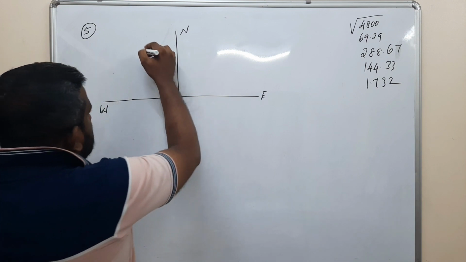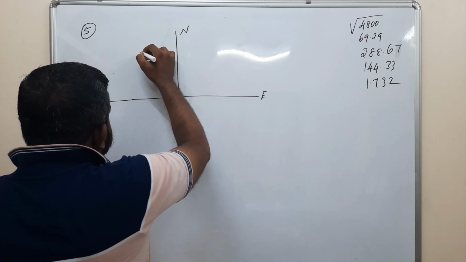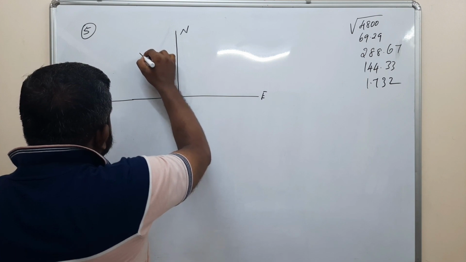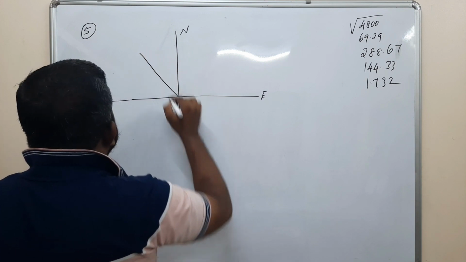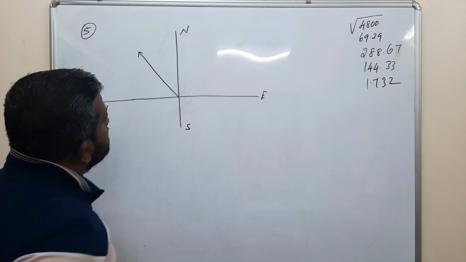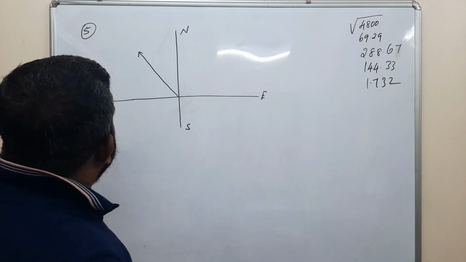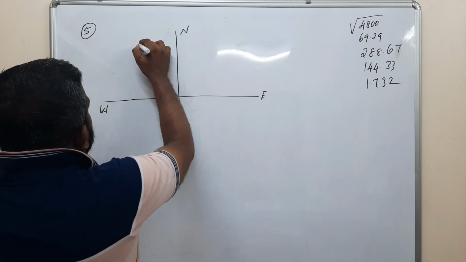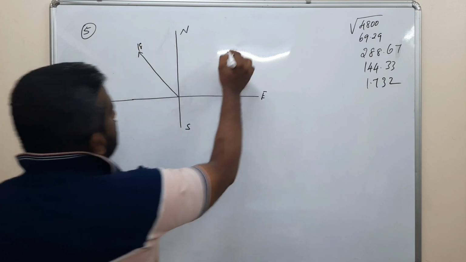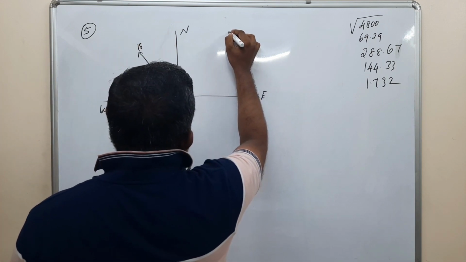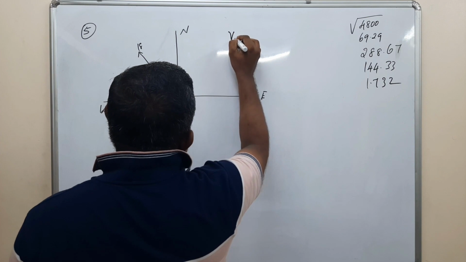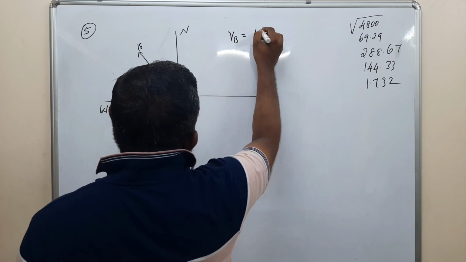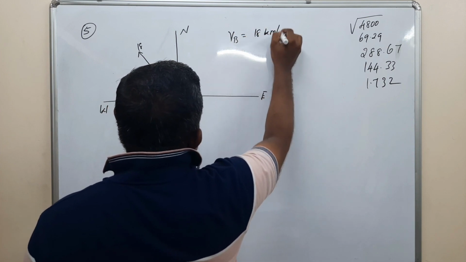A man rows a boat with a velocity of 18 kilometer per hour, that is VB, the velocity of the boat, equal to 18 kilometer per hour.